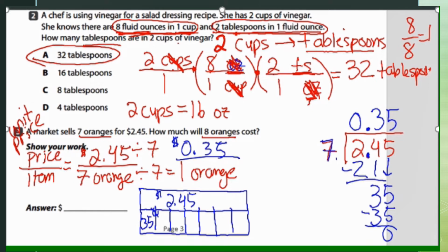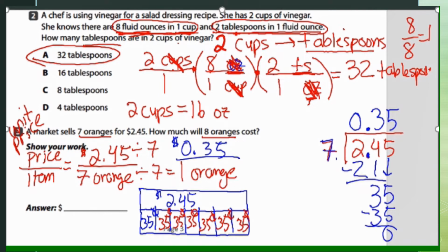So 1 orange is 35 cents. 2 oranges is going to be 35 cents plus 35 cents, or 35 times 2. Another orange is going to be 35 cents more. Another orange. That's for 5 oranges, 35 cents times 5 will be the price for 5 oranges. 35 cents times 6 will be the price for 6 oranges. And 35 cents times 7, which is equivalent to 245.